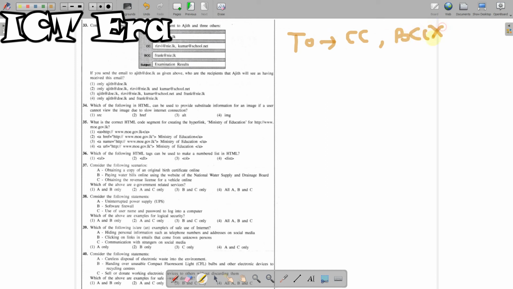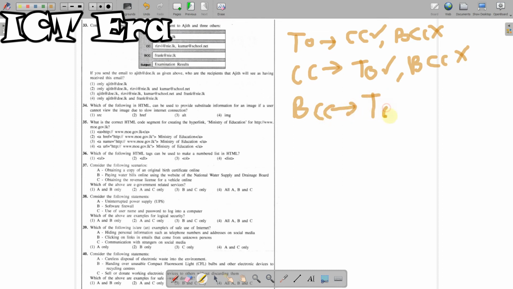They cannot see blind carbon copy, but CC can be seen. Carbon copy people can be seen only by To. Blind carbon copy is not seen by them. Blind carbon copy or BCC can see both To and CC. So this is the difference.